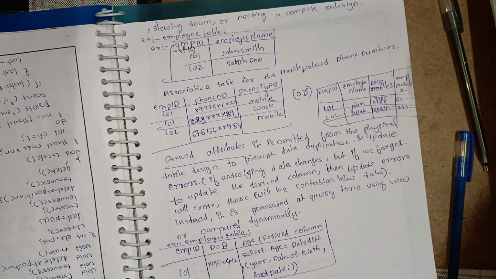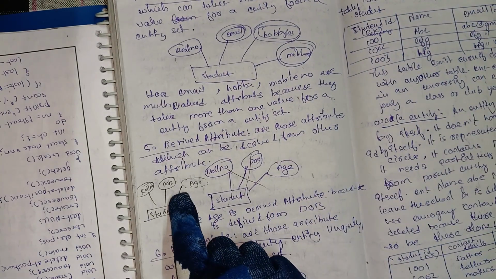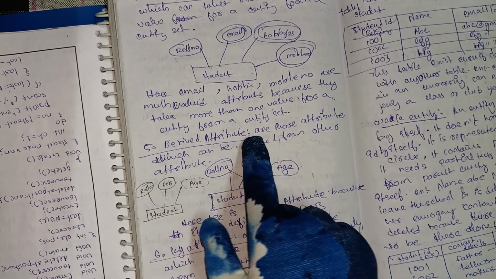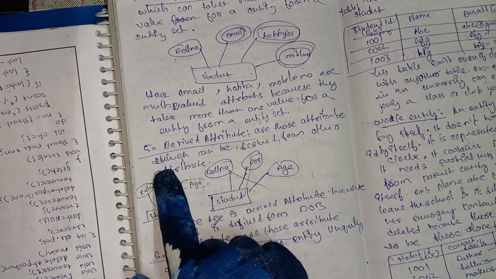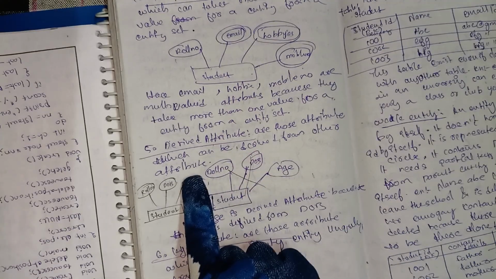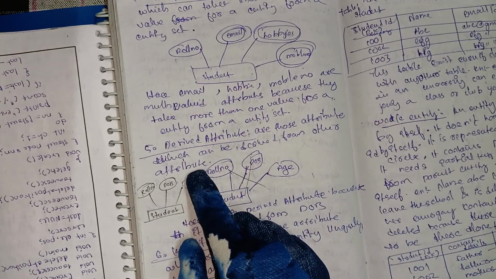And then derived attributes. Derived attributes in the entity relational model are those attributes which can be derived from other attributes, which come from other attributes.